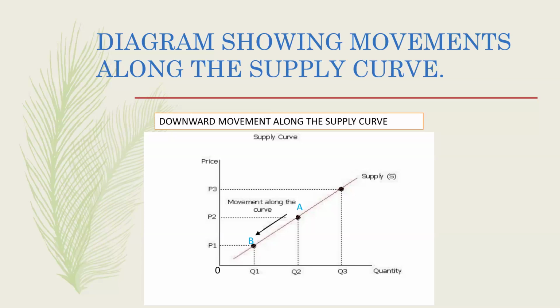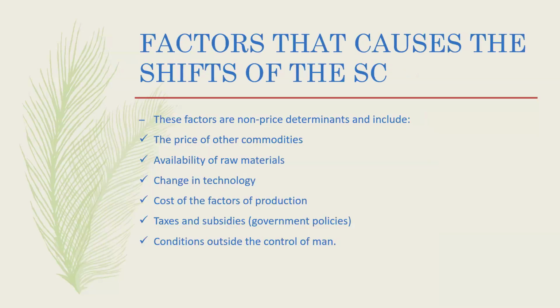Non-price factors will cause shifts. So let's get to those non-price factors. We want to look at availability of raw materials. If there's an increase in raw materials, supply will increase.